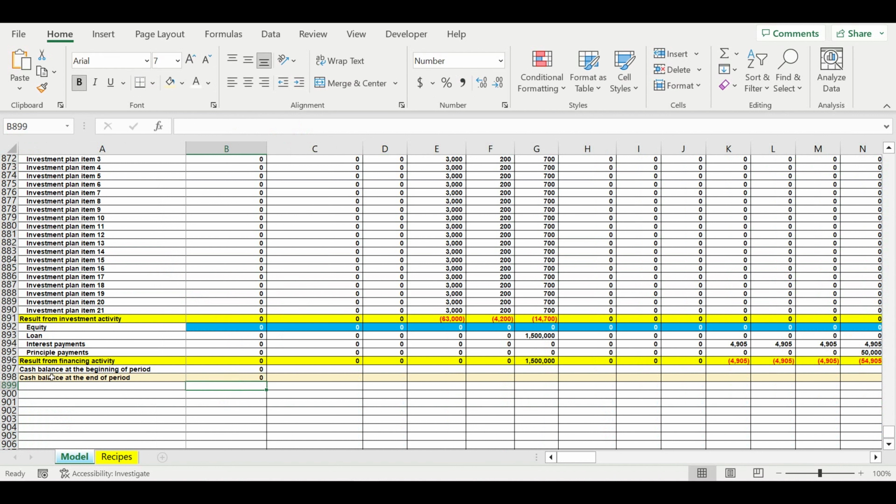Now this value becomes the cash balance at the beginning of the period for the next month. Then we are extrapolating this formula to the right.